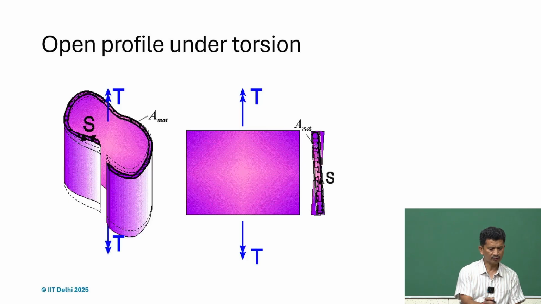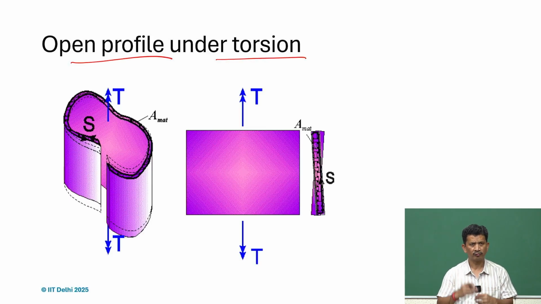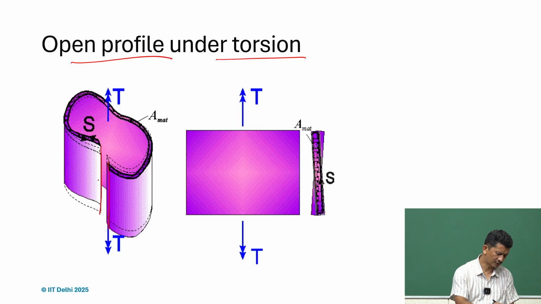Now let's consider an open profile under torsion, where we have a tube but with a slit, an opening along the length. If we apply torque at the ends, there will be deformation and it will slip.